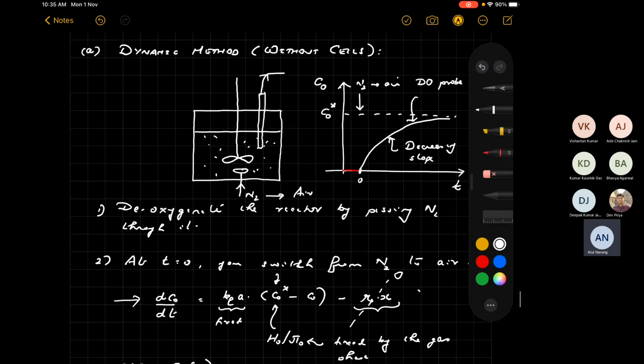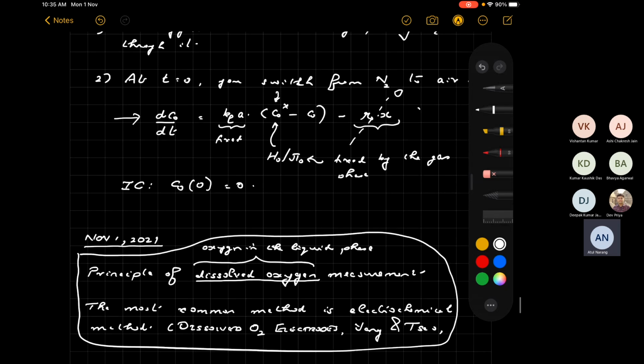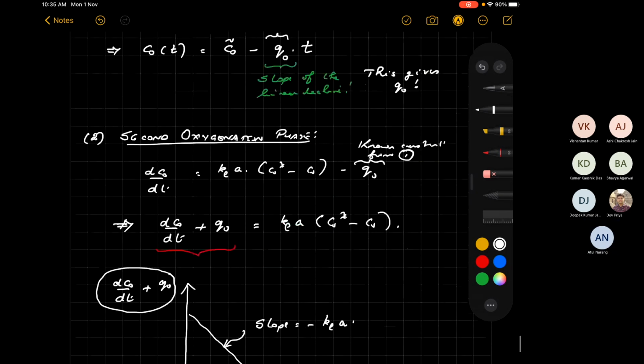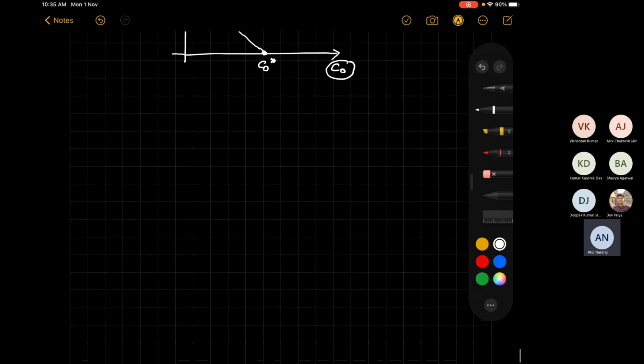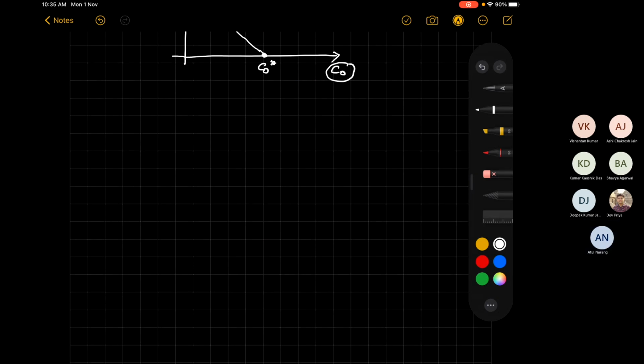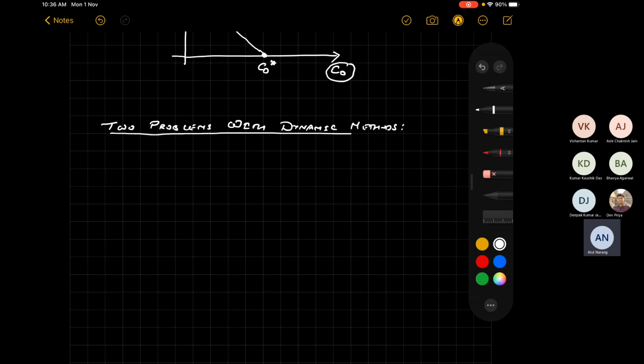So this is discussed on page, so two problems with both dynamic methods, the cell-free as well as the one with cells.